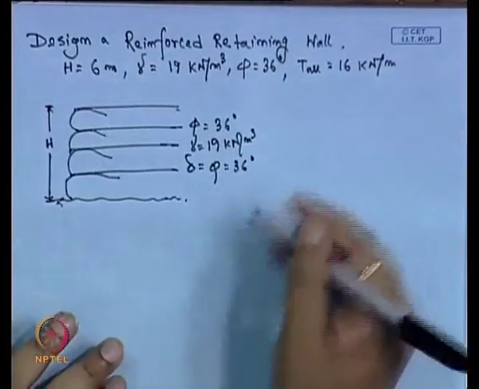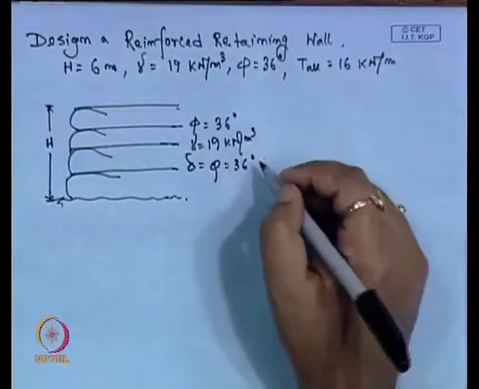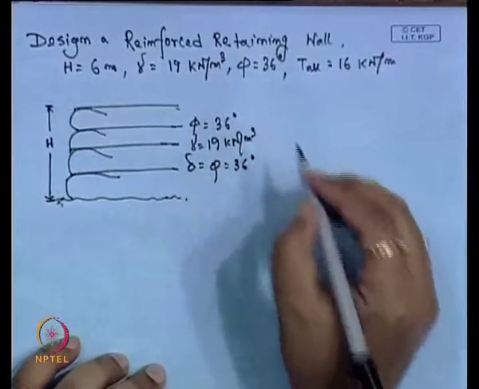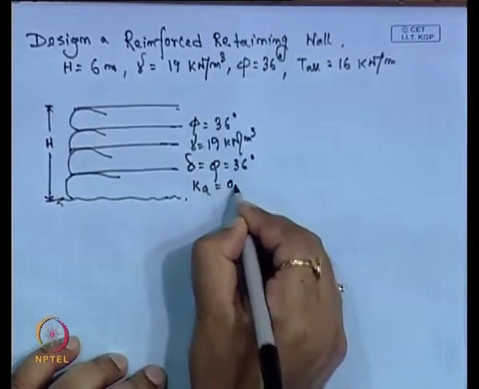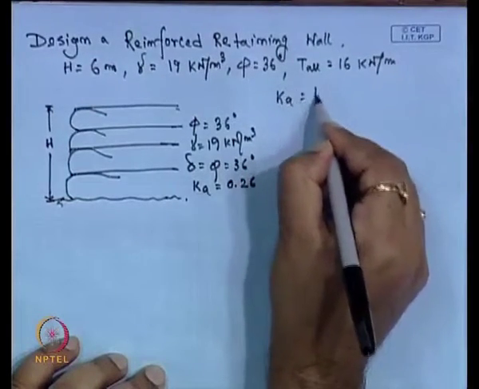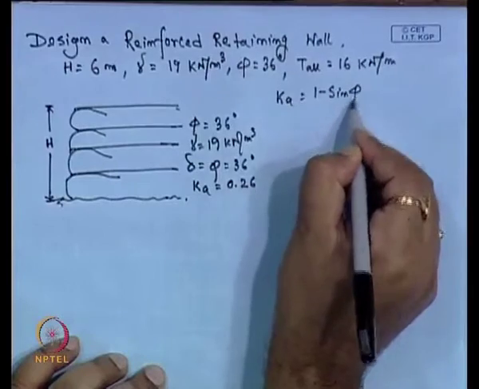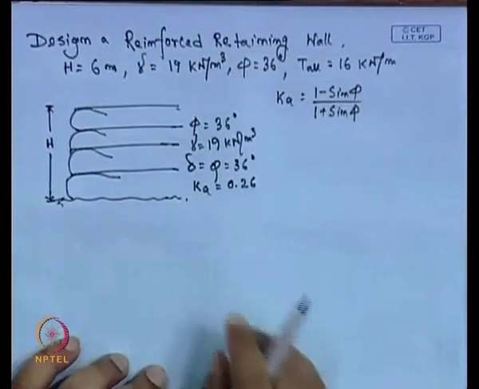But that can be anything; delta can be 70% of phi or 80% of phi. Here it is taken equal to phi, and the K value we can calculate is 0.26. For the K value we use the expression 1 minus sin phi divided by 1 plus sin phi.